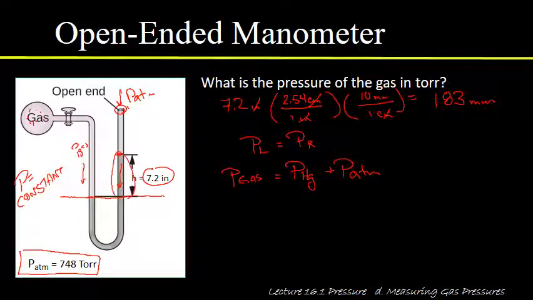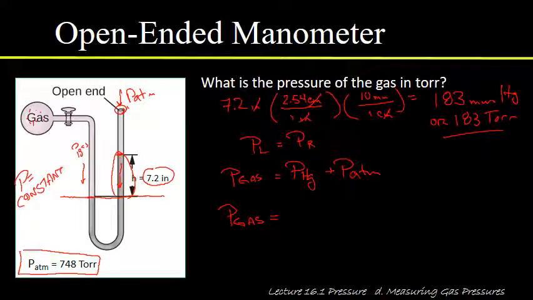Okay. And since that is the height of the column of mercury over here, on this side right here, 183 millimeters, this is the pressure in millimeters of mercury, or 183 torr. So the pressure of the gas then is just the pressure of that mercury column, 183 torr, plus the pressure of the atmosphere, which is given to us here in the problem.